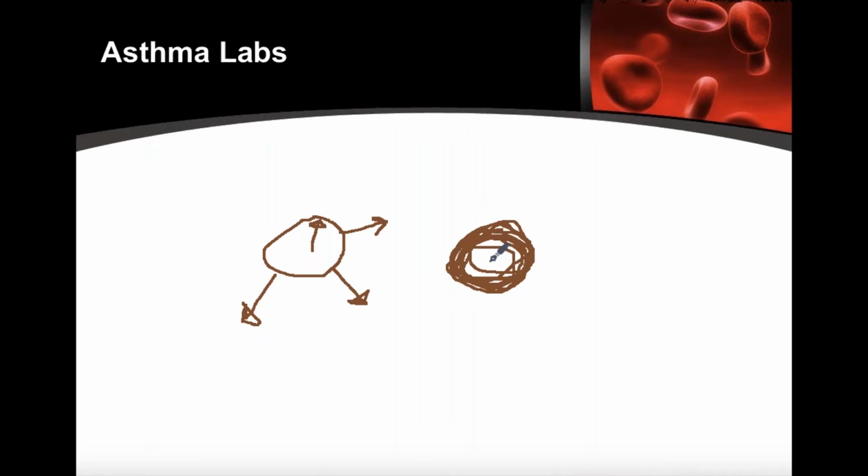In the first breath, I'm going to make up some numbers, maybe they have 1 liter of air and they only blow out a half. In the second breath, they breathe in another liter, and they only blow out a half liter. So now they have a whole liter. In the third breath, they breathe in another liter, but they only blow out a half. So now they're up to a liter and a half. And this keeps going until what you have is this air trapping in the lungs.